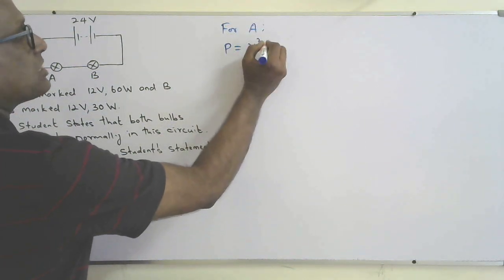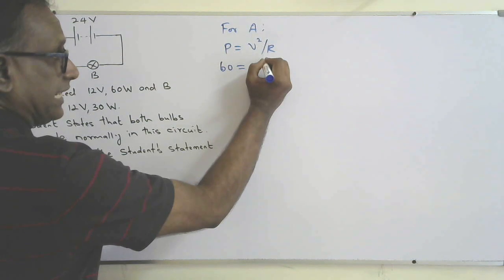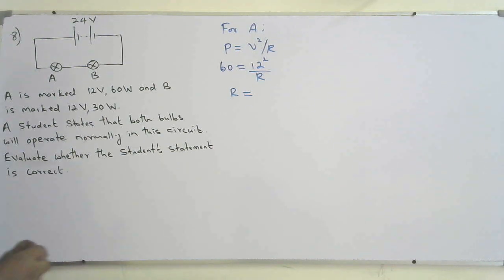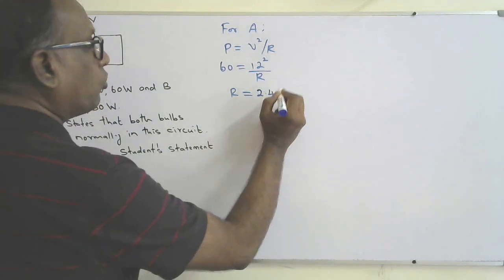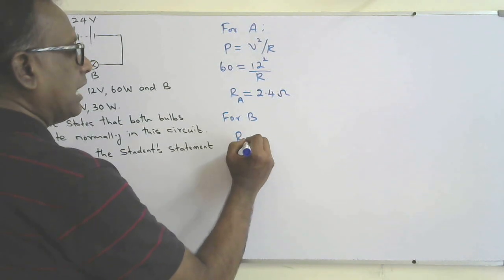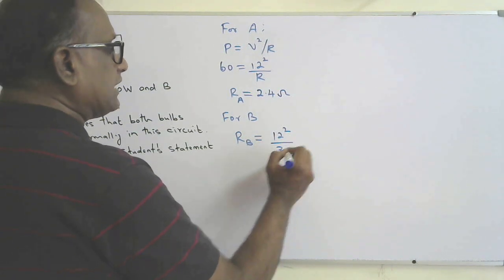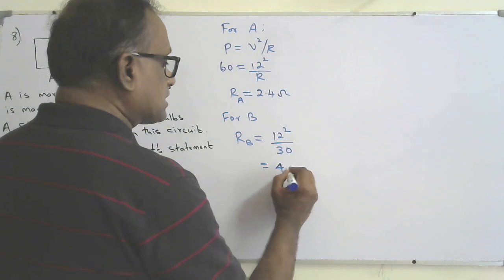Its power is 60, its voltage is 12, so what will be its resistance? 12 squared divided by 60, that will be 2.4 ohms for A. Similarly for B, RB will be equal to 12 squared divided by 30, that will be 4.8 ohms.